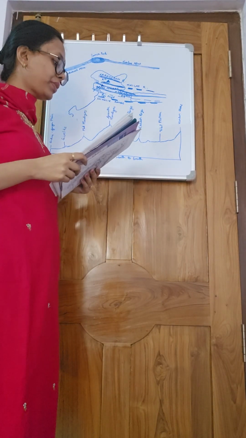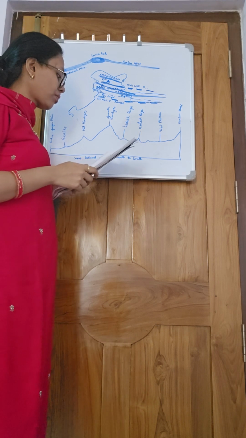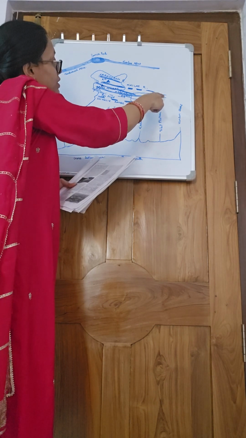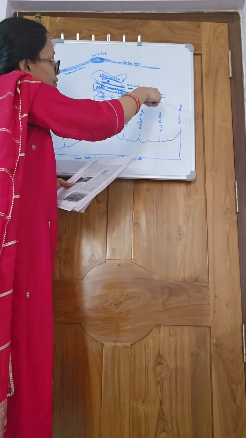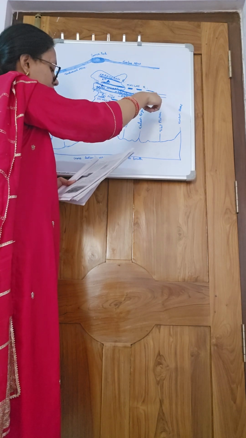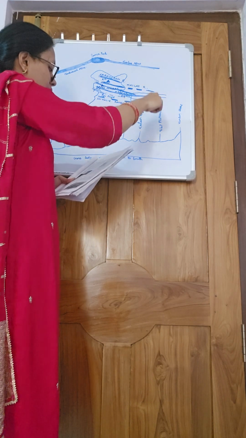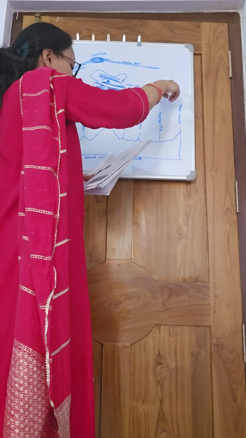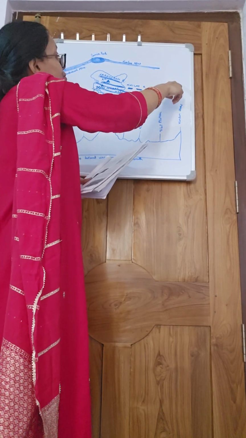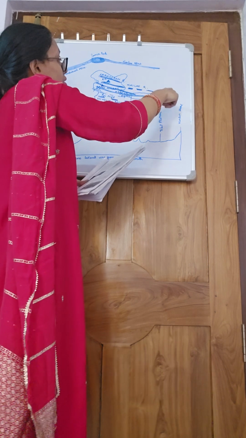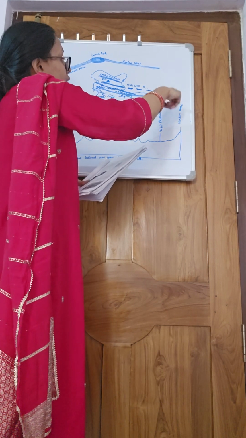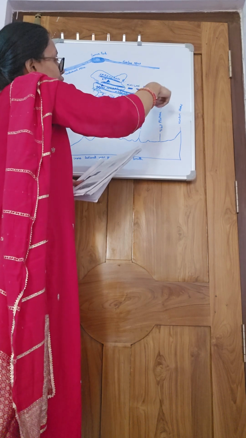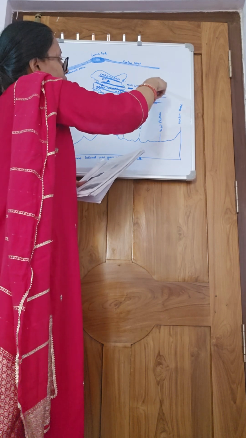Then Darjeeling and Sikkim Himalayas, which lie towards West Bengal, have an east-west orientation. Then in Arunachal Pradesh, we have the southwest to northeast direction, that is, southwest lies here and northeast lies here. So we have this kind of orientation.